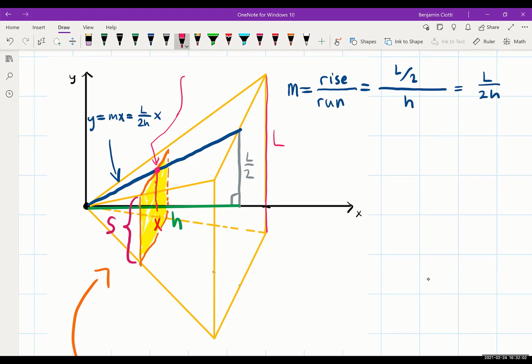So that's going to be the point where, again, y is L over 2h times x. Why do I care about that? Because the y value at that point is exactly this little purple segment that I just shaded in, and that is half the length of the square.